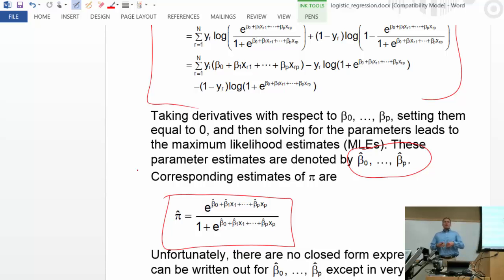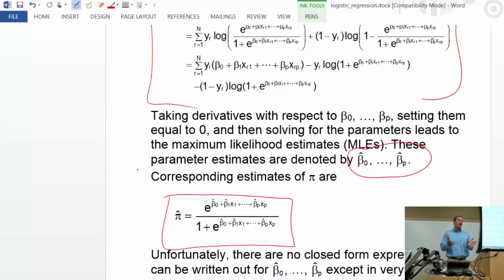So again, we maximize this likelihood function as a function of the betas. Those betas that maximize it are the maximum likelihood estimates, the beta hats. Well, what's the actual numerical process that's used to maximize the likelihood function? Unfortunately, there's not a nice closed form solution for what beta hat 0, beta hat 1, through beta hat sub p are equal to.